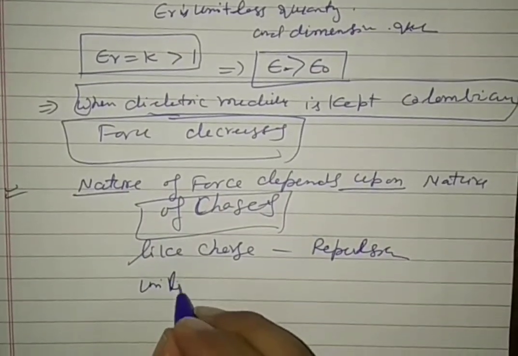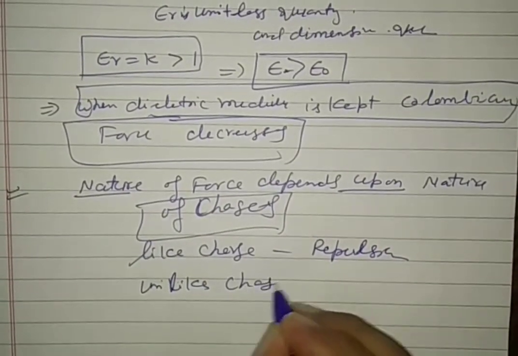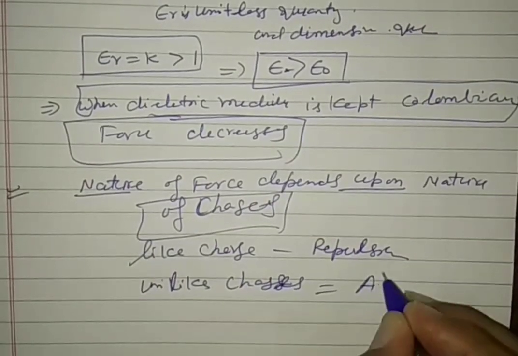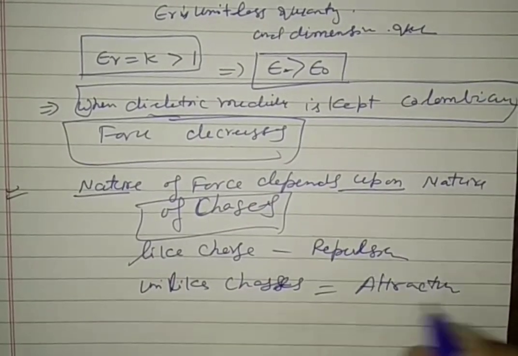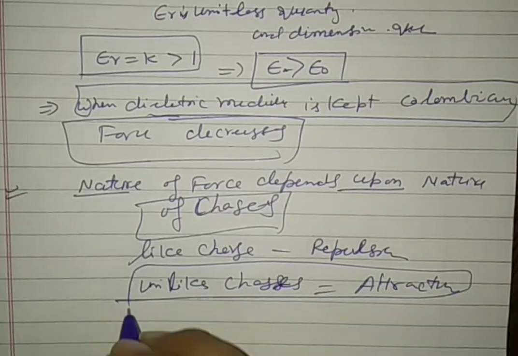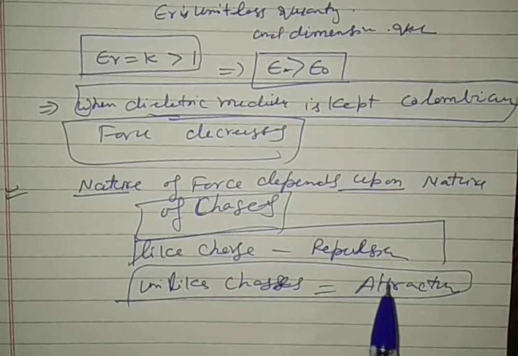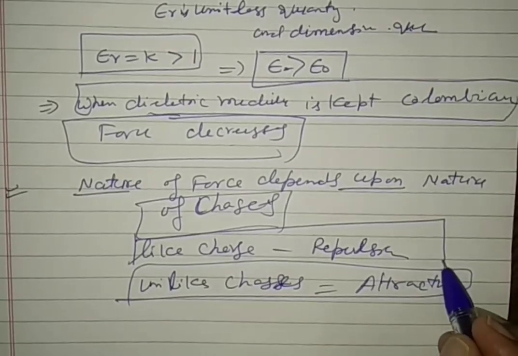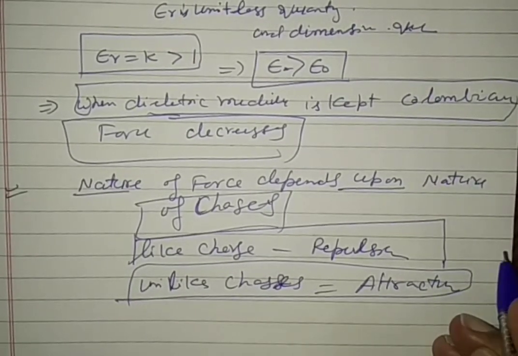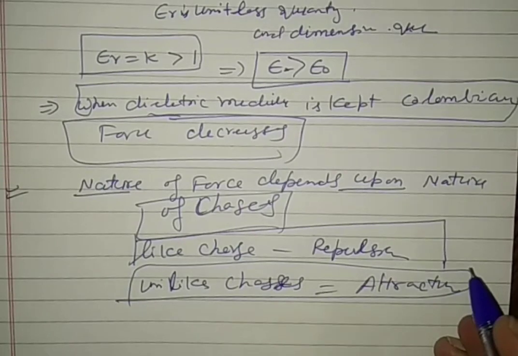Unlike charges, unlike means opposite charges, attraction. There are a lot of things regarding Coulombian force, right? I have tried my best to give the complete concept of Coulombian force.